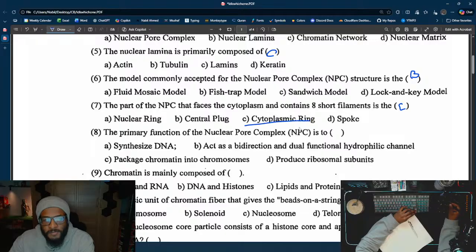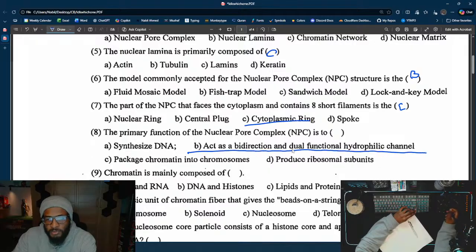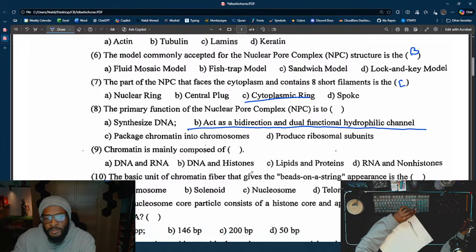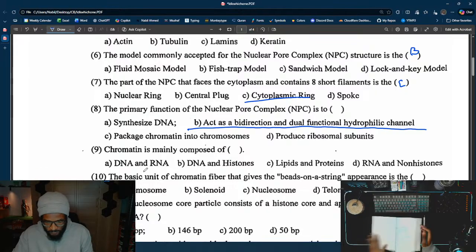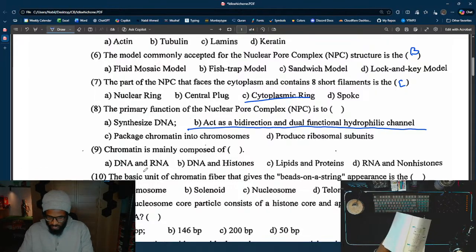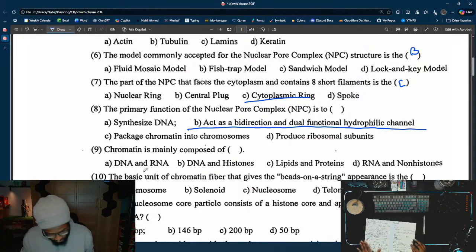Yeah. The primary function of the nuclear pore complex is as a bidirectional, dual functional hydrophilic channel. Why is it bidirectional? Because things can be exported and imported. How is it dual functional? That's the question.